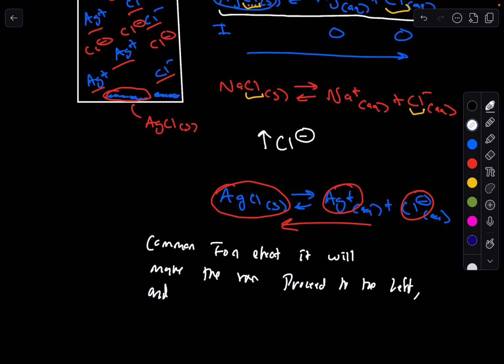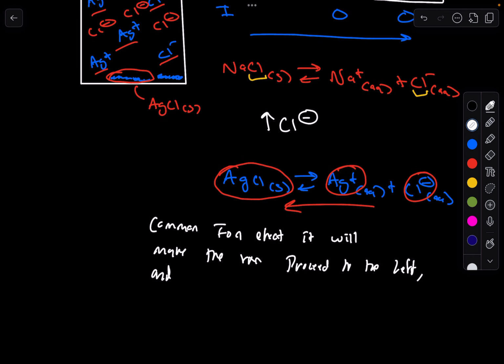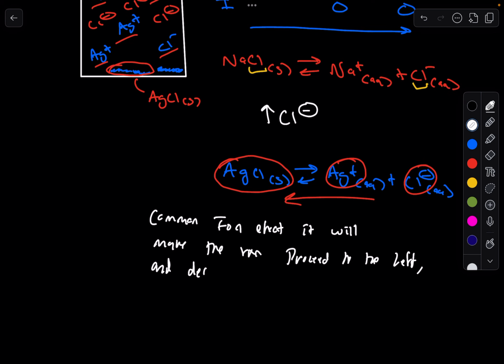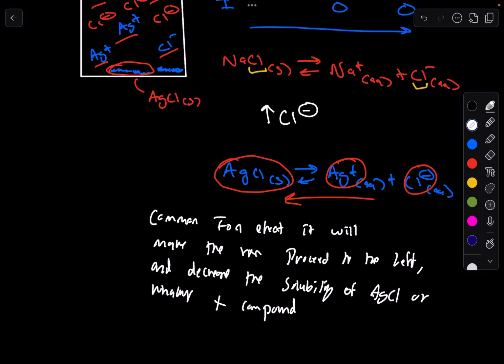And what this will also do is decrease the solubility of AgCl or whatever compound. And that's what you generally need to take away from the common ion effect. It will decrease the solubility of the solute.